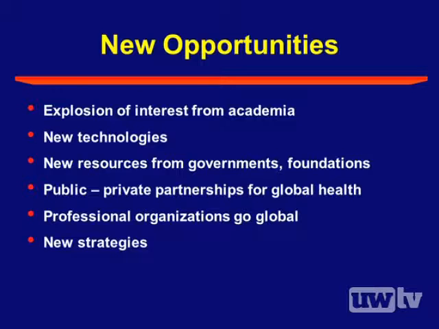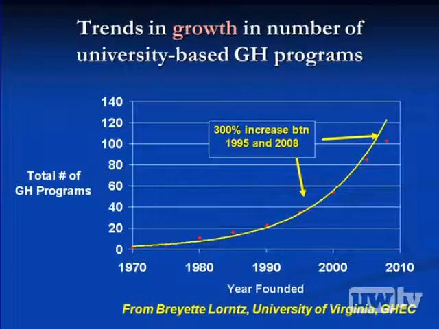So in academia, this shows the trends in the number of university-based global health programs, showing a 300% increase between 1995 and 2008. We formed a consortium of universities for global health last year, and we had 8 members, and we are now up to 44 paid or pending members.